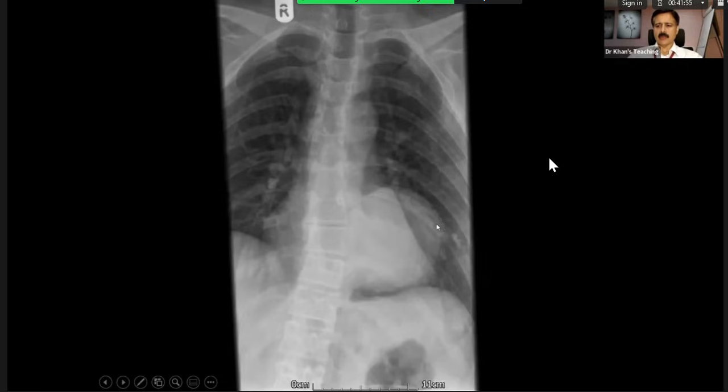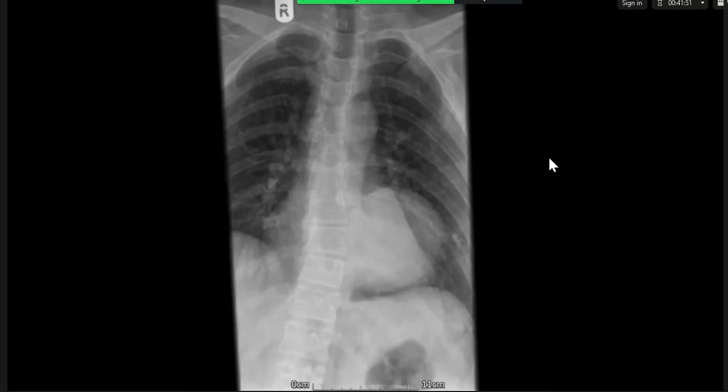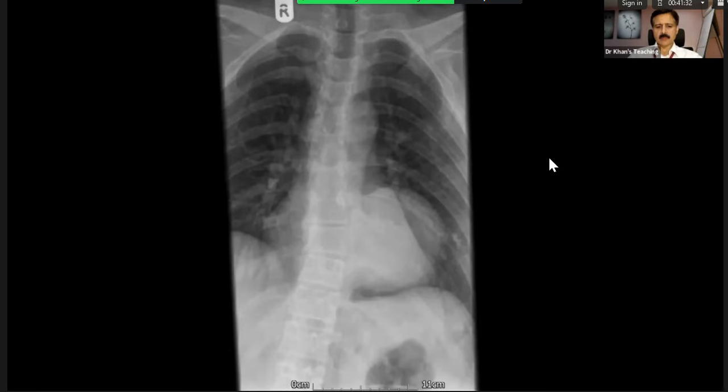Anything in the spine? I'm looking for any vertebral collapse or any absent pedicles. I can't see the left pedicle of, I think that's T10. Point it out to me.